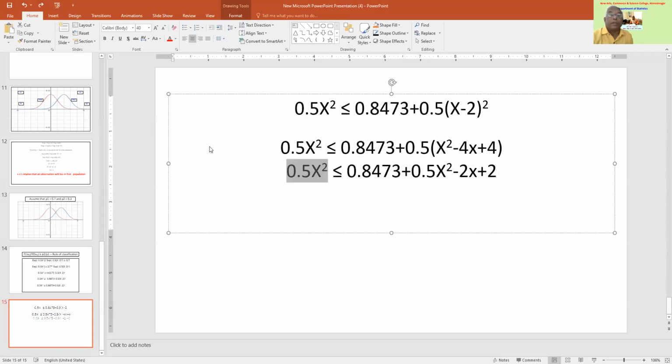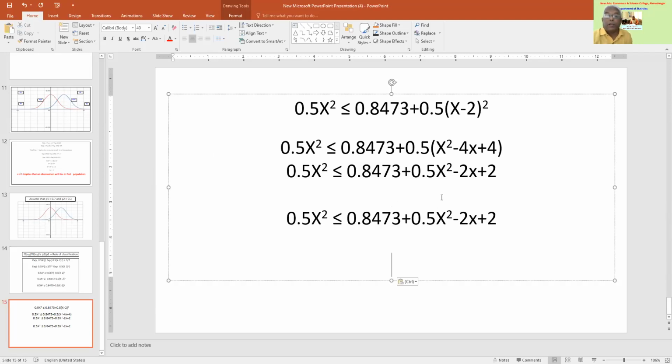Let me copy this and write it here. And now see what will happen is this minus 2x will go to the other side. I can cancel this now. Minus 2x has already gone to the other side, and I have here now 2.84 like this.